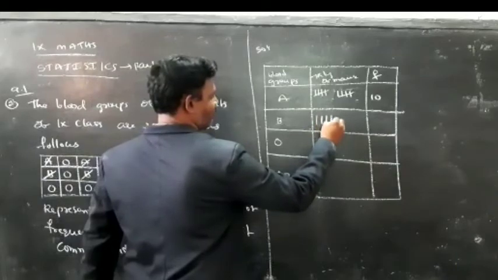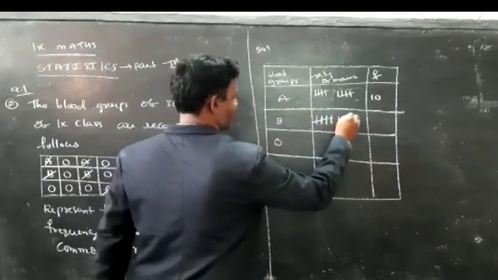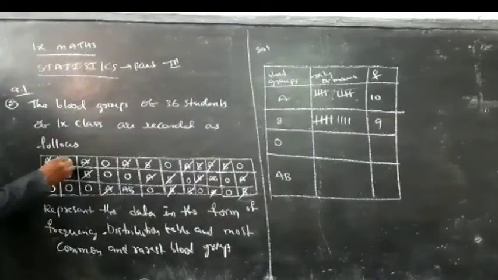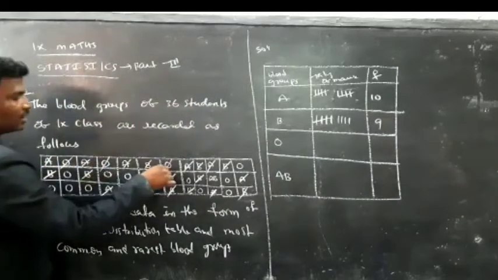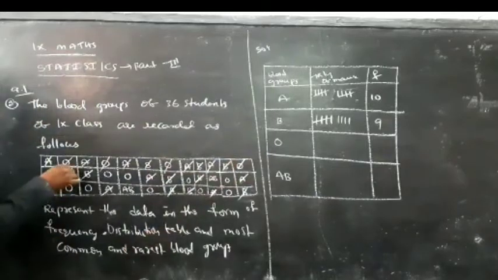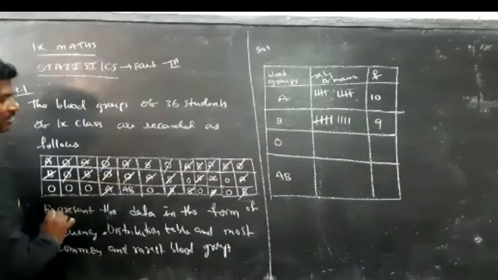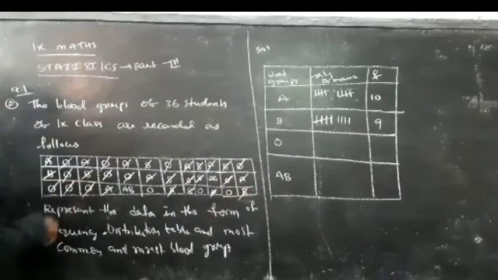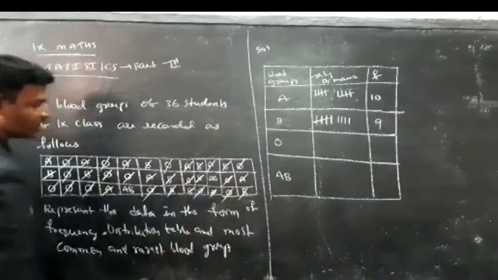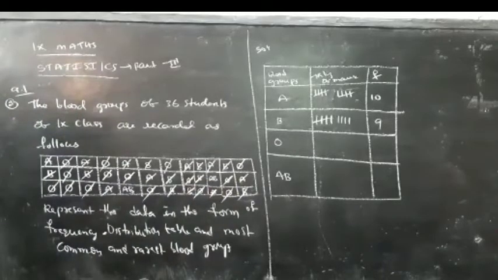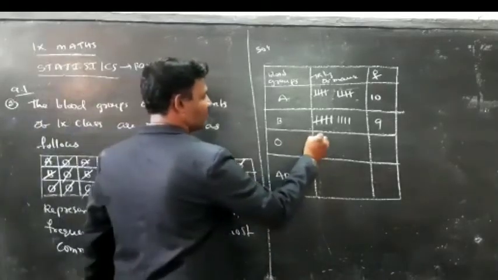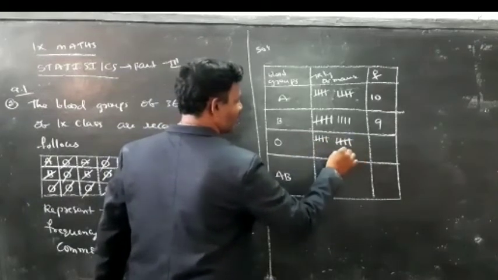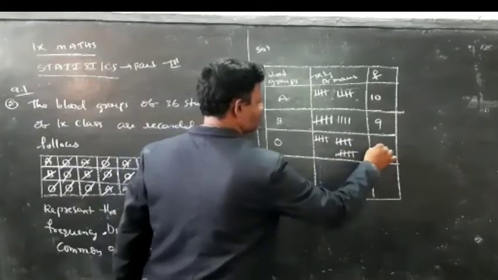Then after, O blood group: 1, 2, 3, up to 15. So 15 students have O blood group.